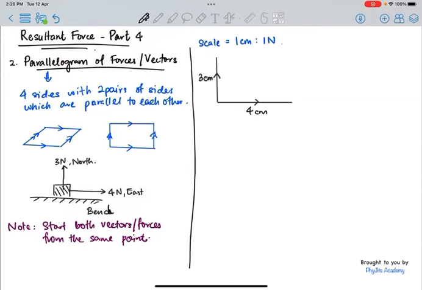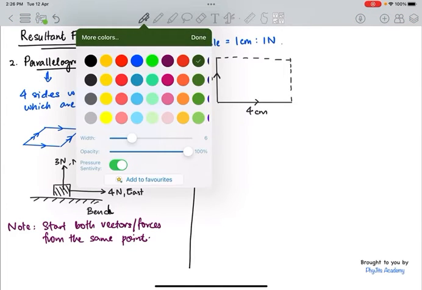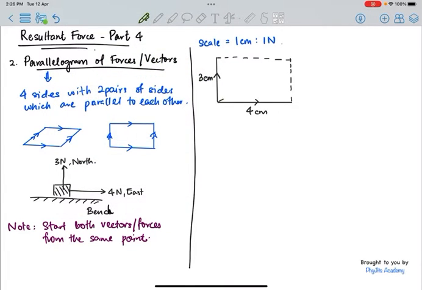Right now, you just have to complete the whole diagram as a parallelogram. That means drawing another line as a dotted line to represent the horizontal line, and another dotted line to represent the vertical line. The diagonal of this parallelogram will be the resultant force, the resultant vector.